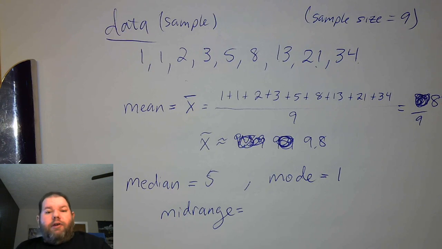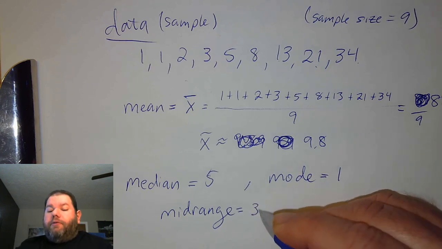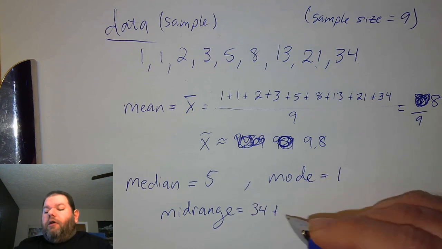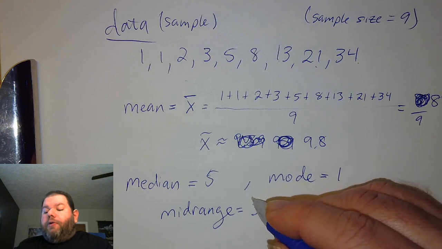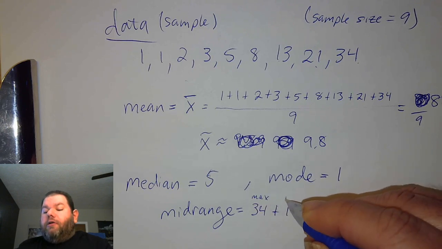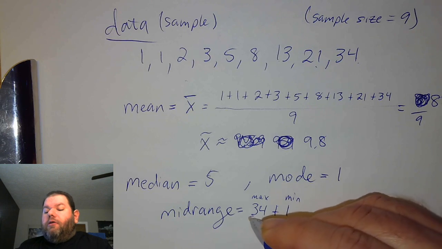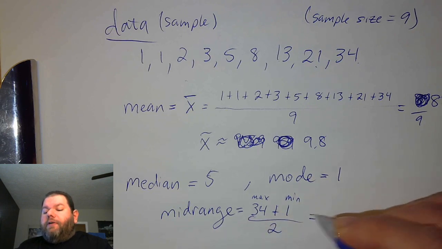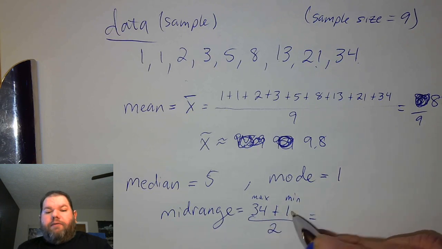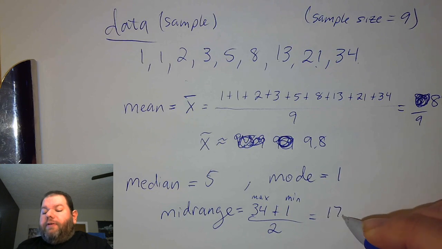What is going to be the value of the mid-range in this case? 17.5, right? Because we take our maximum, 34, plus our minimum, 1, and then divide that by 2. So that's going to give us 35 divided by 2, which is 17.5.